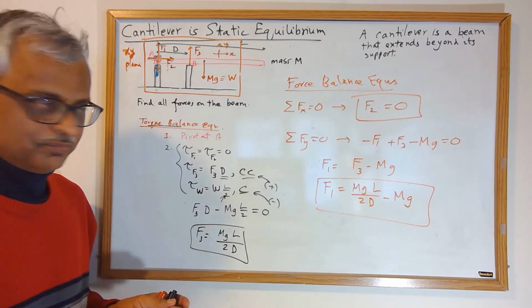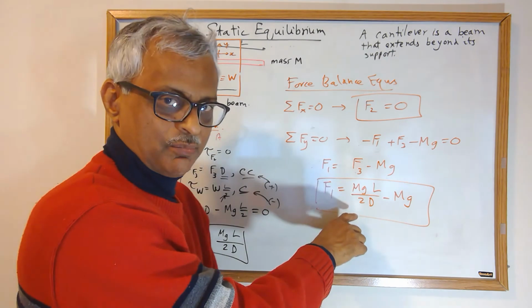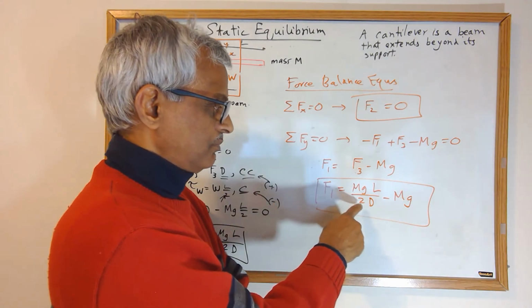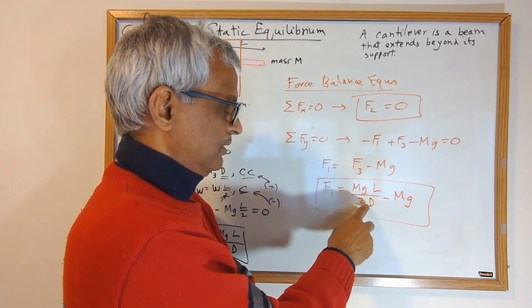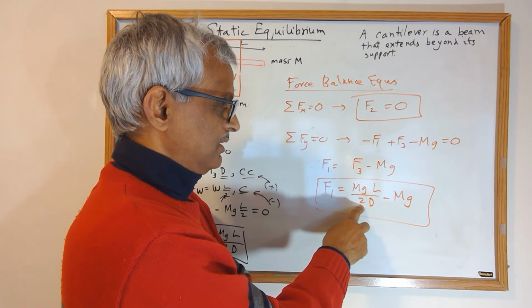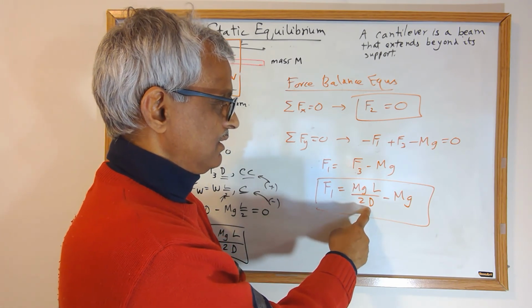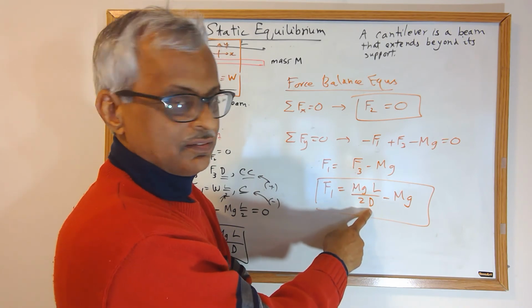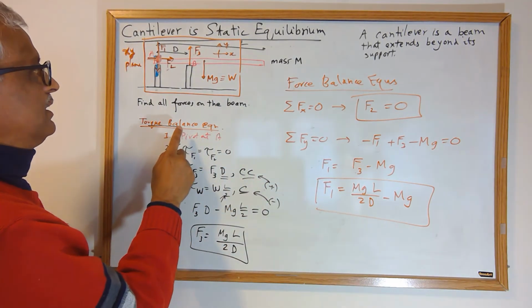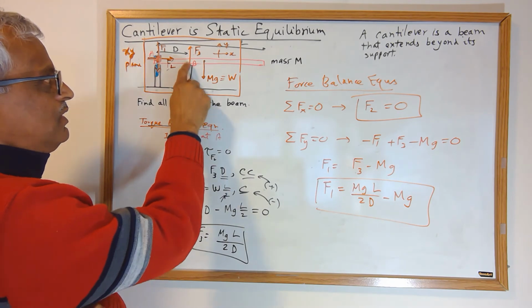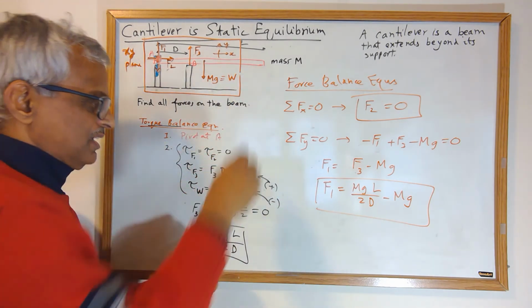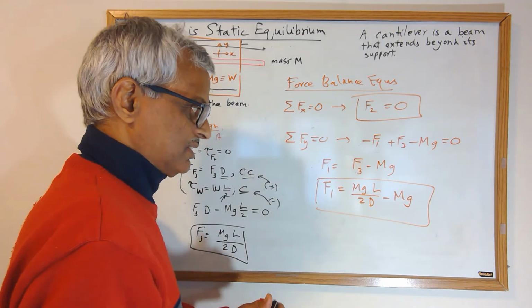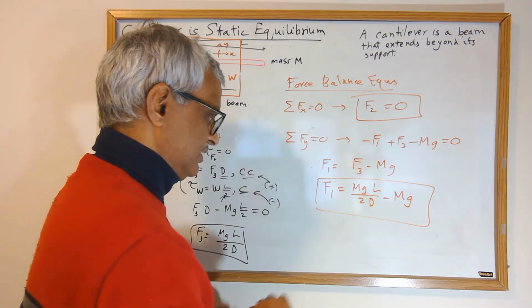I hope you can see here, very interestingly, that if D was equal to L, suppose this support was not here but all the way here, it's kind of an interesting check.